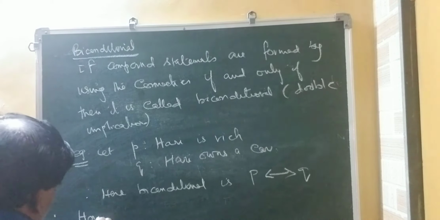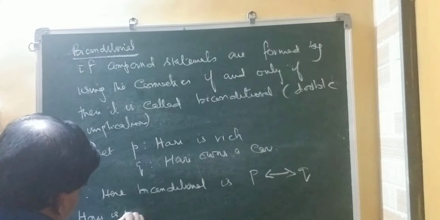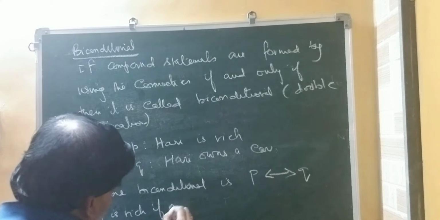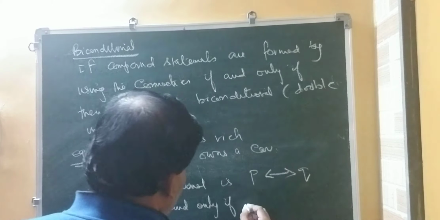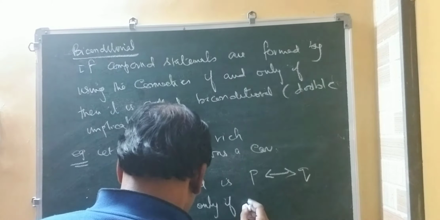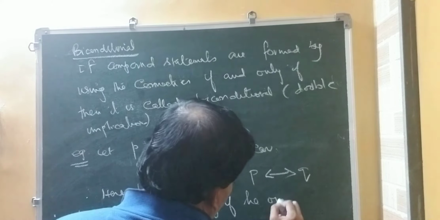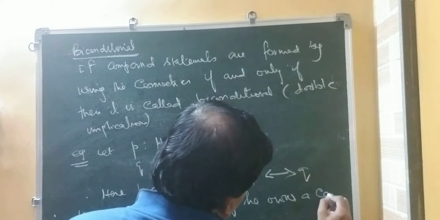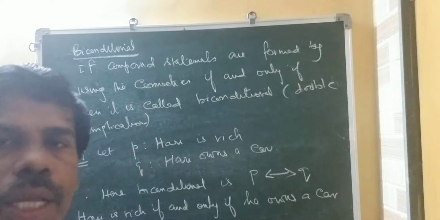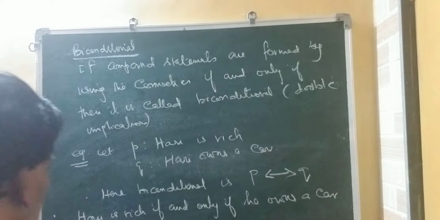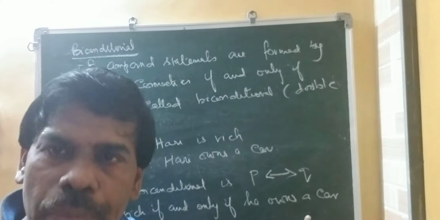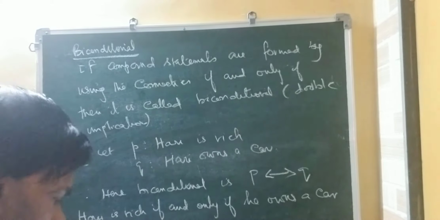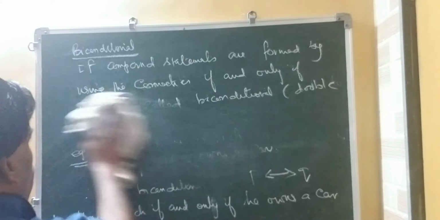Therefore, here the biconditional is P biconditional Q. That means Hari is rich if and only if he owns a car. I tell you, don't confuse yourself. Hari is rich means he can own a car. He has got a car means he is rich. This is biconditional.